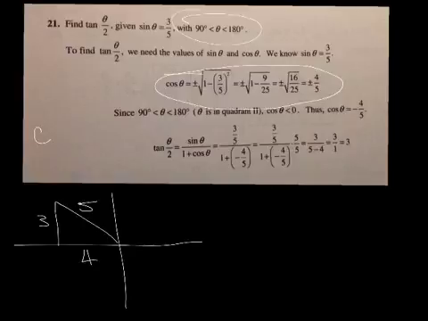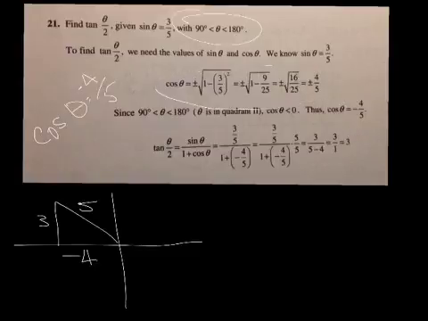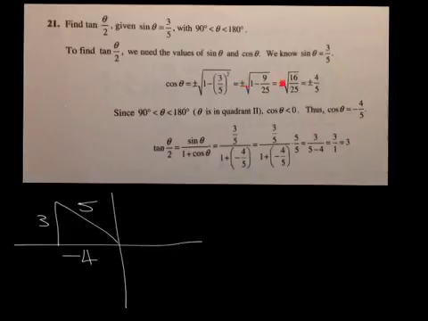And so the cosine of theta is going to be adjacent over hypotenuse, and the adjacent is going to be negative right there. So we get cosine of theta equals -4/5, which is what they got there after they did all that work. So anyway, you can use Pythagorean, you can use drawing a triangle like I did, or you can do whatever they did up here, but that seems kind of ridiculous.